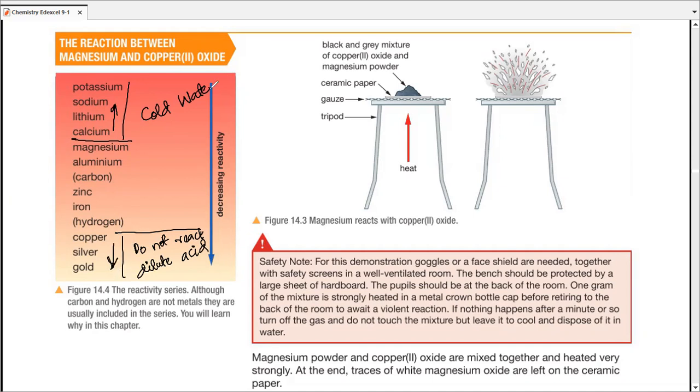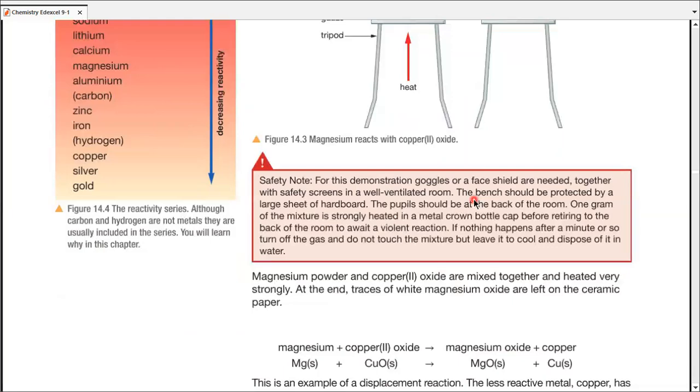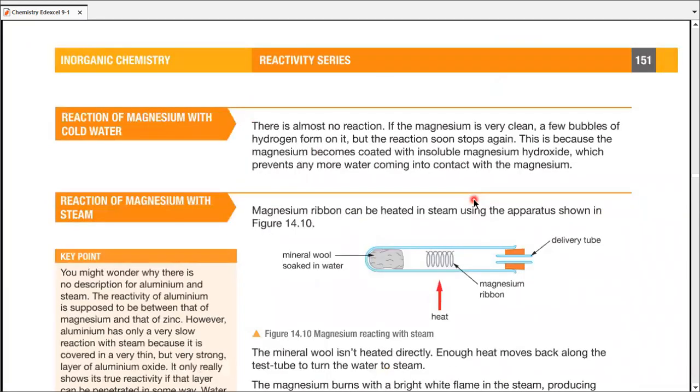If it does not react with cold water, but it does react with dilute acid, it needs to be placed somewhere between magnesium and hydrogen. So that's how we make a guess. Reacting it with cold water, cold dilute acid or warm dilute acid gives you a very good idea where you can place your element. Make sense?